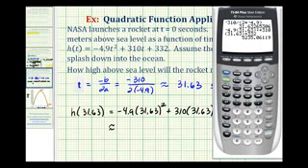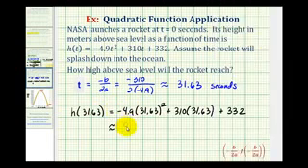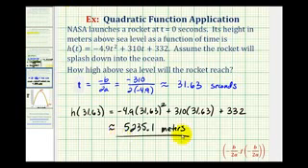So the maximum height is going to be approximately 5,235.1 meters above sea level. Okay, so I think we're done now. We've answered both questions. I hope you found this helpful.